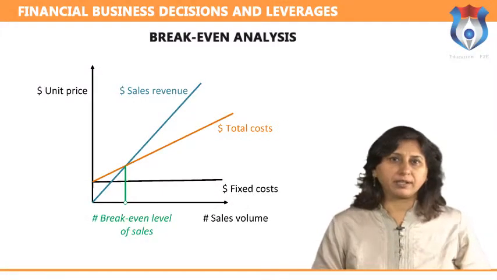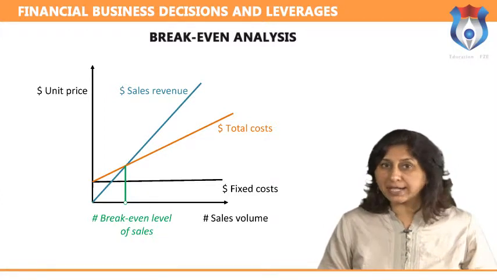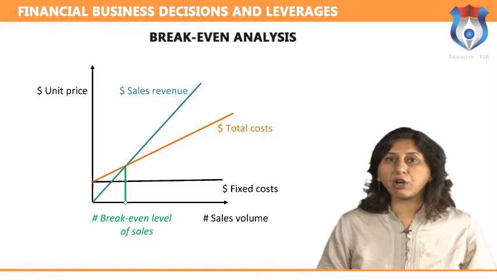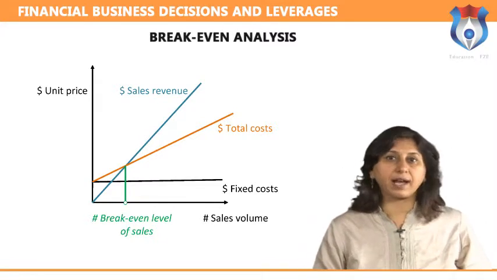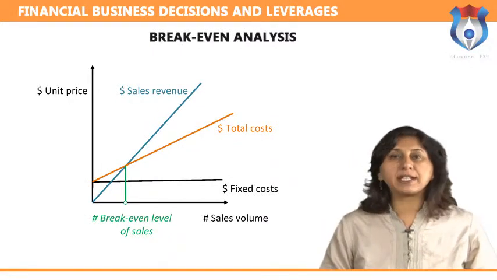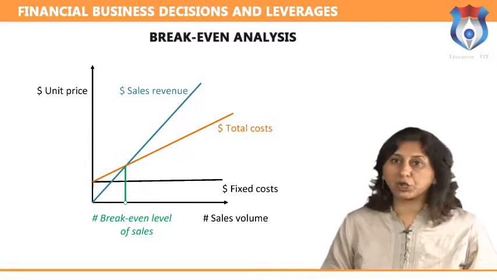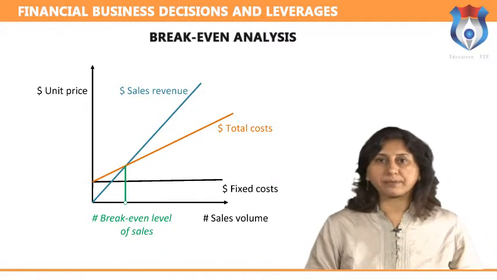Fixed costs. Fixed costs are those business costs that are not directly related to the level of production or output. Examples of fixed costs are rent and rates, depreciation, research and development, marketing costs, non-revenue related administration costs.